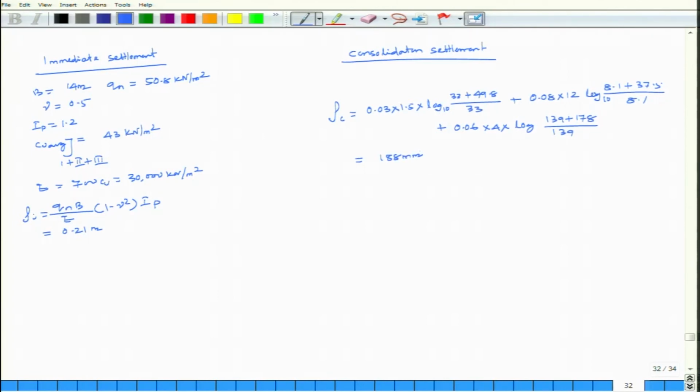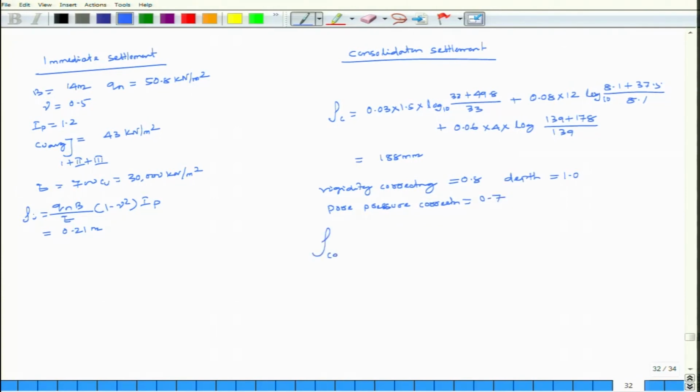So, there are 2 corrections in your consolidation settlement. One is your rigidity correction, how far it is rigid, it has been taken as 0.8, depth correction is also taken, it is 1.0, then pore pressure correction, which is equal to 0.7.